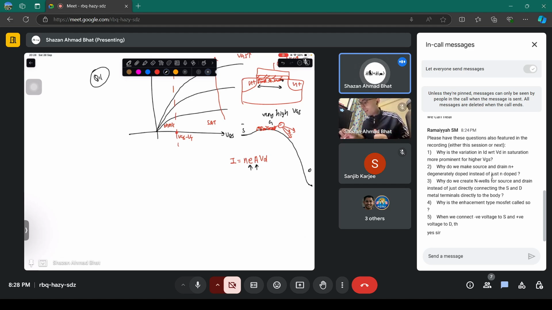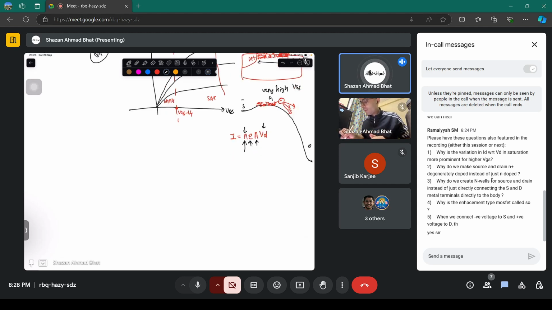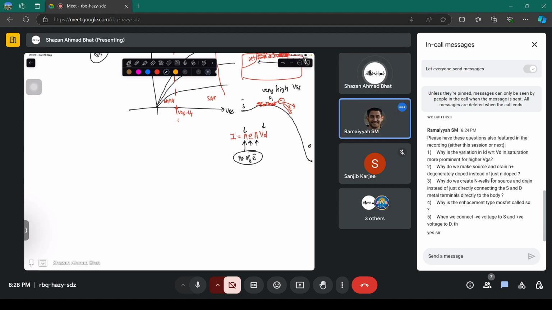What you can change is n and drift velocity. n is the number of electrons. You increase the number of electrons by increasing the VGS, you increase the current. As simple as that. Whenever the number of electrons increase, it gives rise to more current in this particular area. And also you're basically playing with this drift velocity, but this is the simplest explanation I can give.